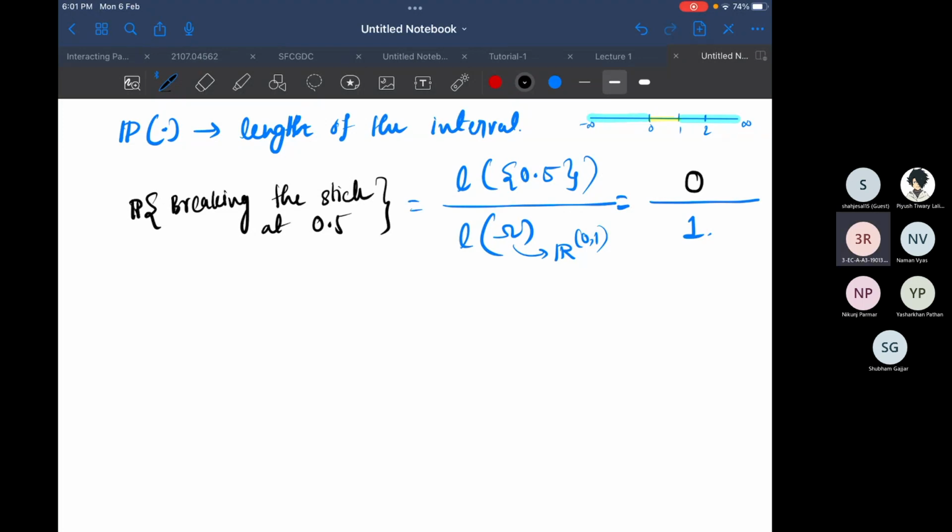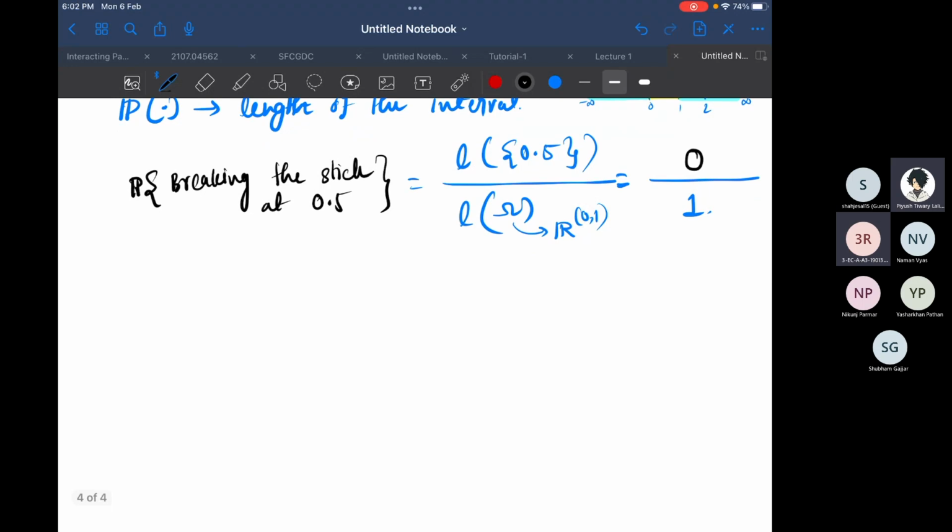So the way we measure it is by the length of the set, right? But when we measure a set which says 0 to 1, we measure it as 1. Is that right? Yeah, correct.